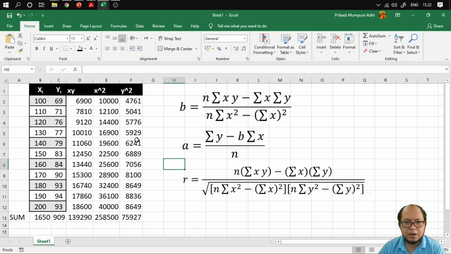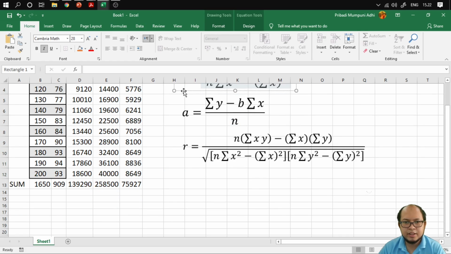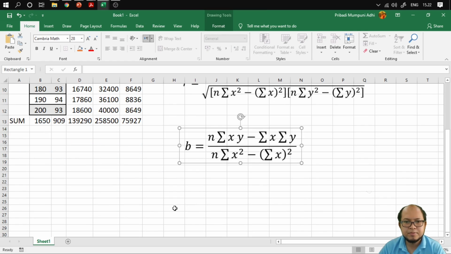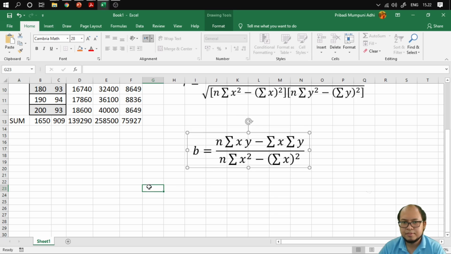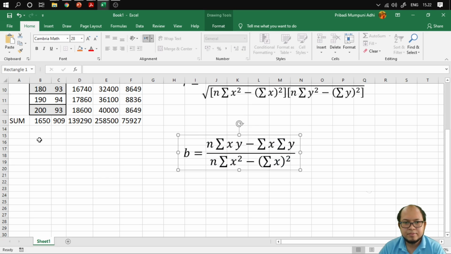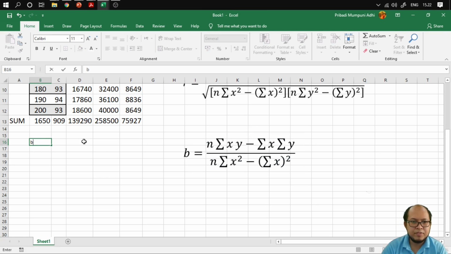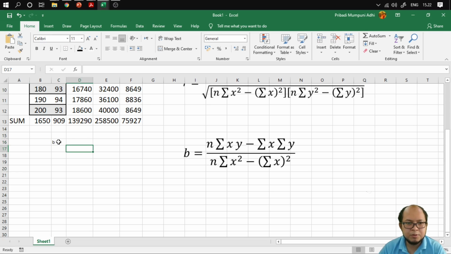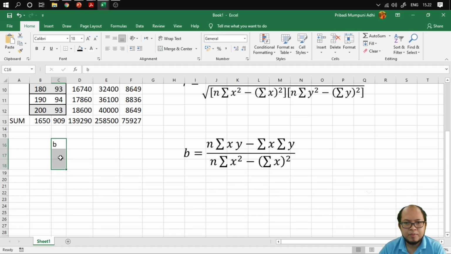Now I will use this equation. Okay, I will put it here. So if we want to find the b value, I will put here the b value, a, r, and this one is r square.